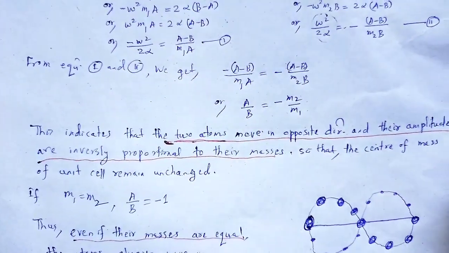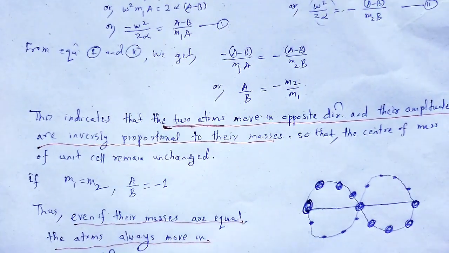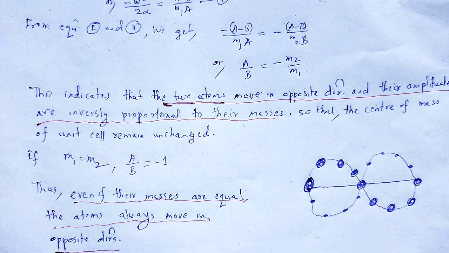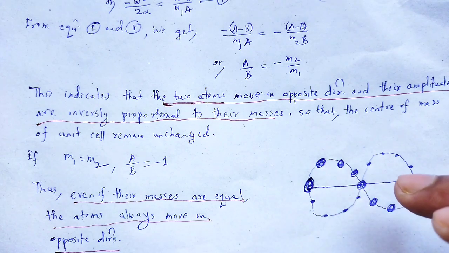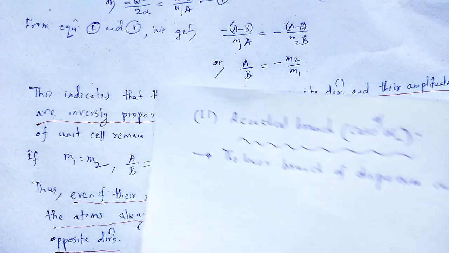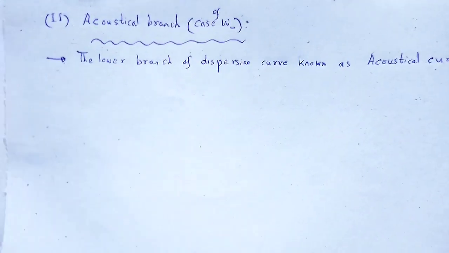For optical branches, if we apply a frequency like that of light, then inside the crystal the lattice is vibrated like optical branches. Next, acoustical branch.